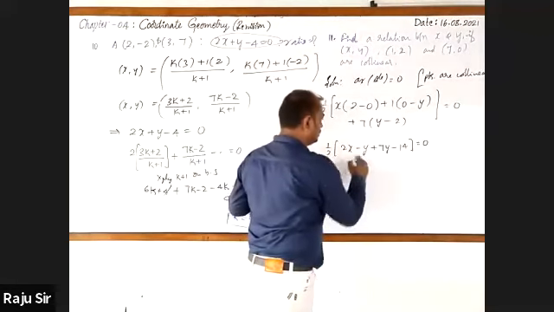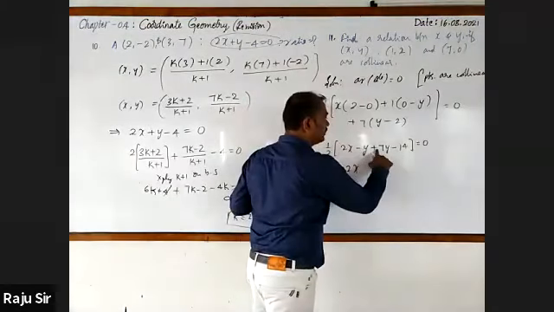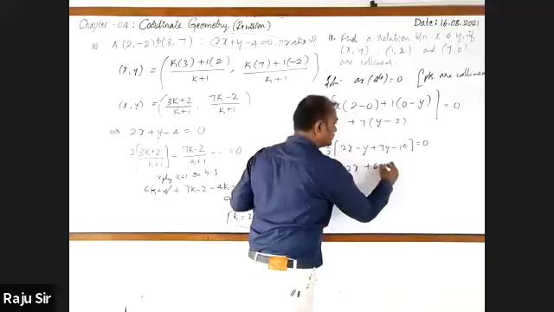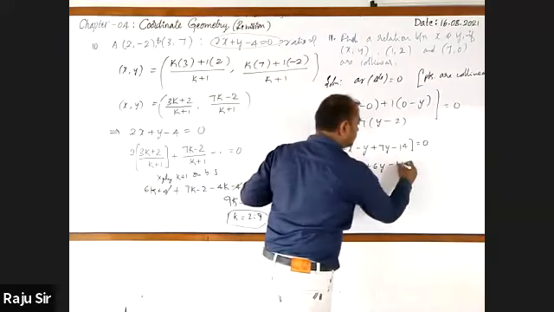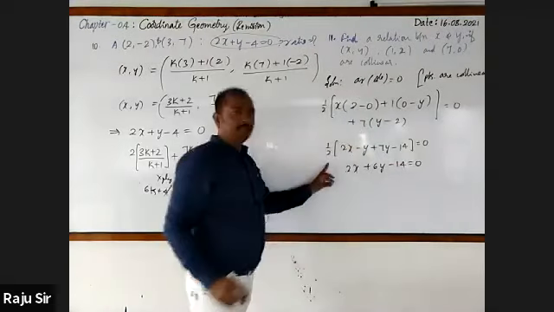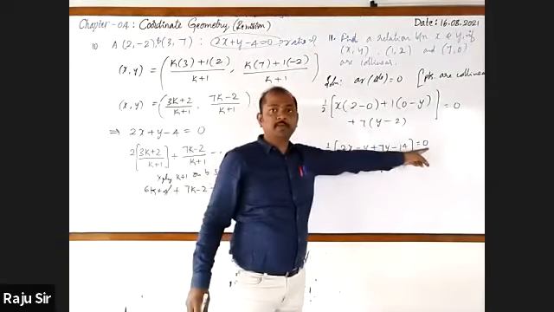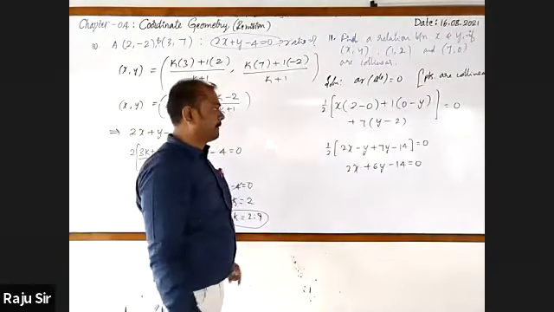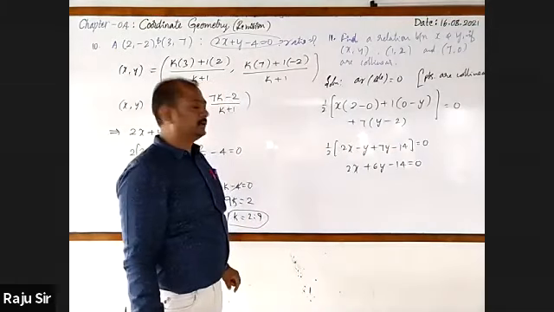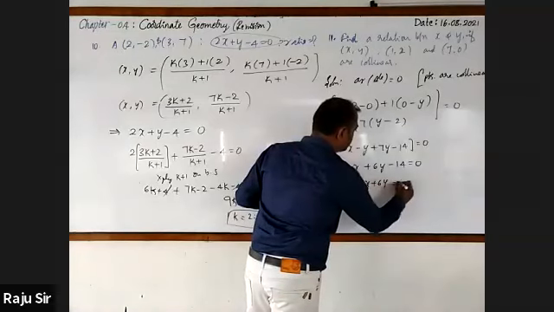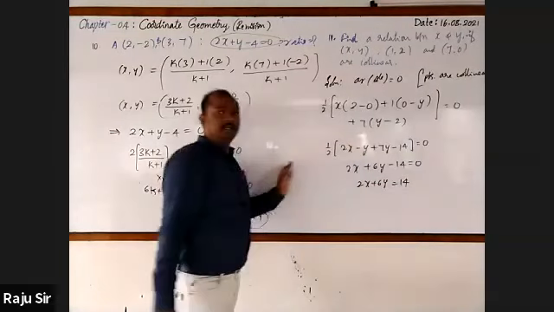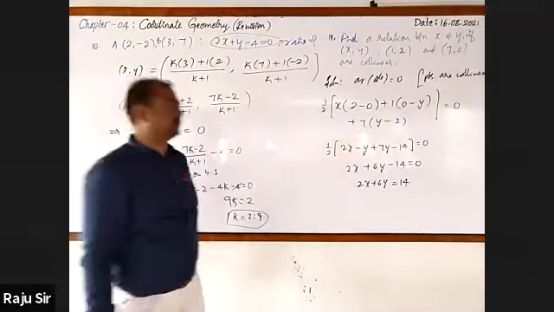Then 2x minus y plus 7y, that is 6y, minus 14 equal to 0. Because when 2 is multiplied with 0, it will be 0. Next, 2x plus 6y equal to 14, because minus 14 is transferred to the right hand side.